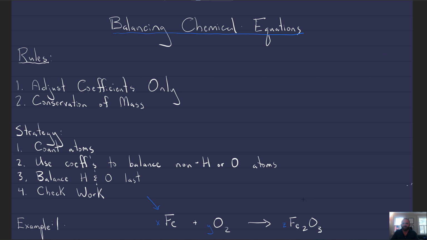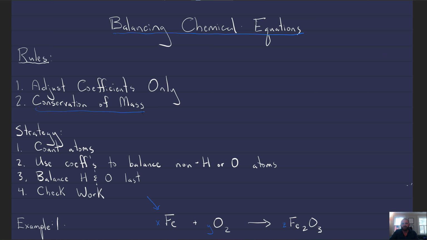They can be integers. They cannot be half or quarter or third integers. Although you can actually use non-integers, basically fractions, as part of a strategy or a method of arriving at the correct balanced chemical equation. Conservation of mass is just a different way of saying the first one.